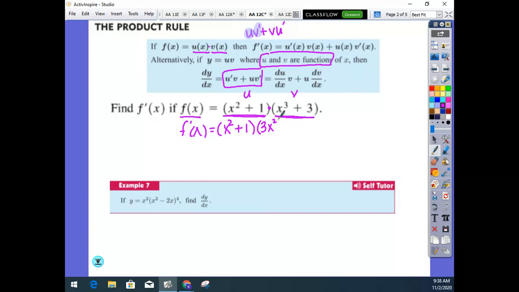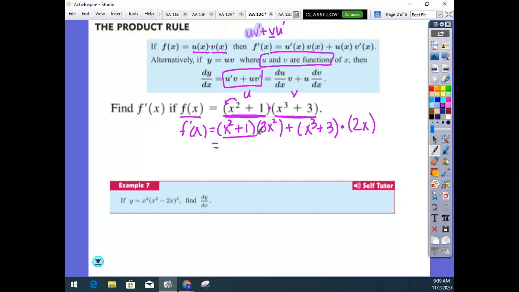The derivative of a constant is 0. Plus, then I take v, write down v, times the derivative of u. So bring down the exponent, 2, subtract 1, the constant's gone.